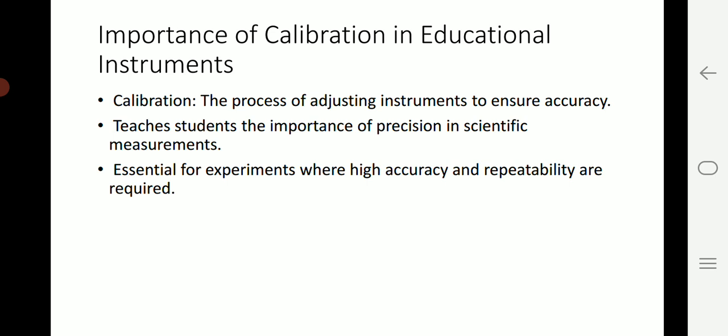With these settings we can fix some length or some radius, so we can predict, right? So this is called calibration. It teaches students the importance of precision in scientific measurements, essential for experiments where high accuracy and repeatability are required.